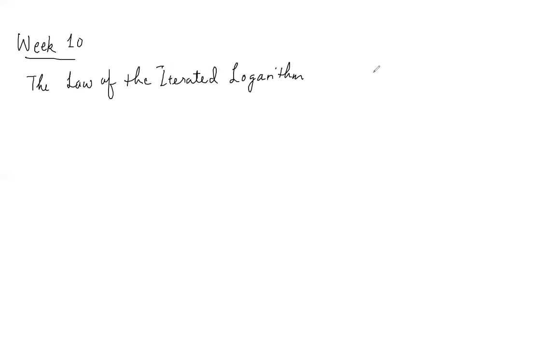Iterated logarithm means log log n, right? You do the log twice. That is what is meant by iterated log. So the result goes like this.